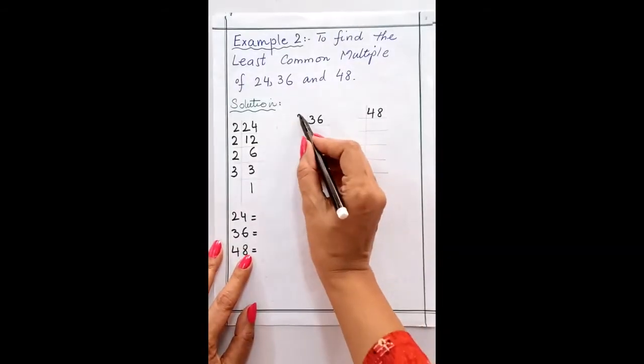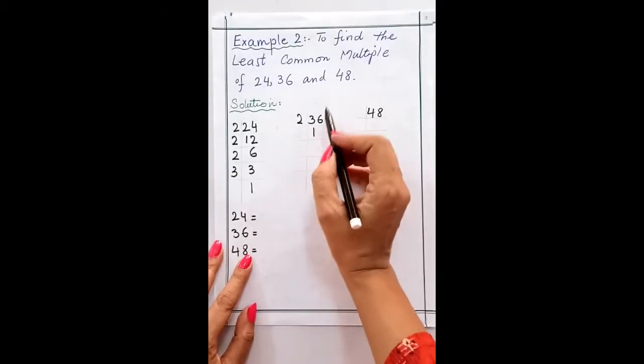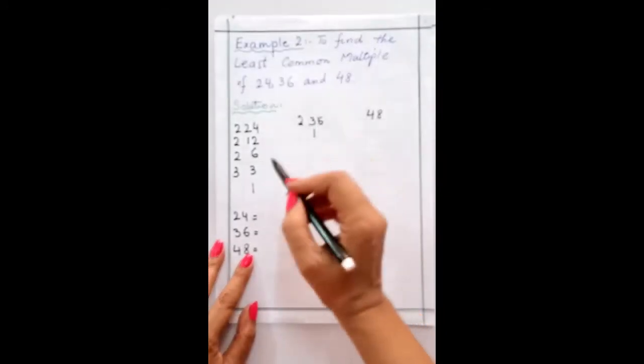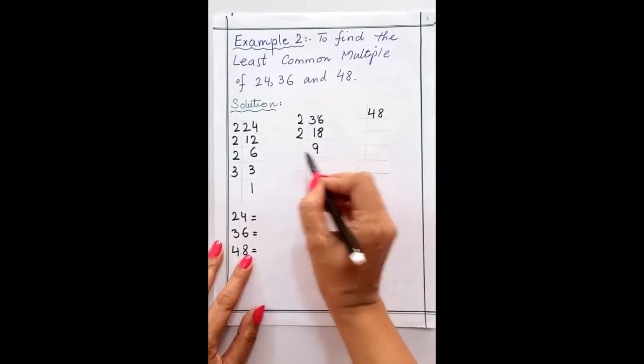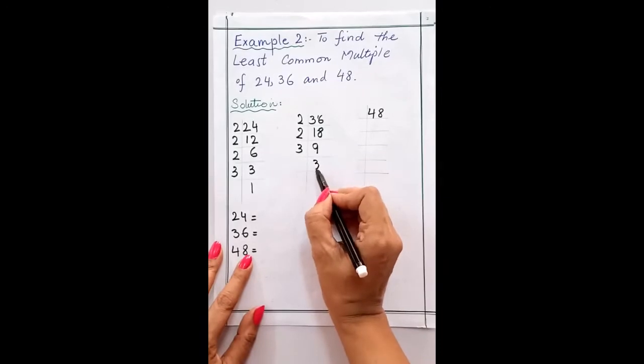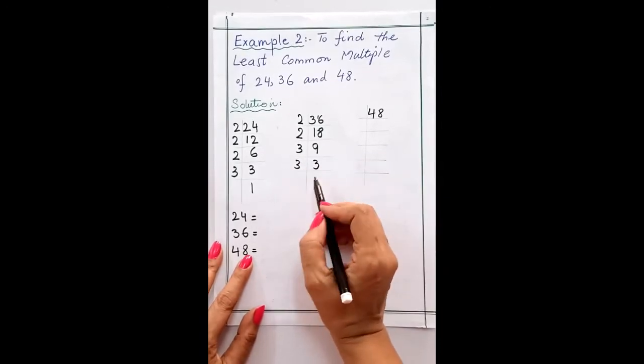Next 36: 2 1s are 2, 2 8s are 16, 2 9s are 18, 3 3s are 9 and 3 1s are 3.